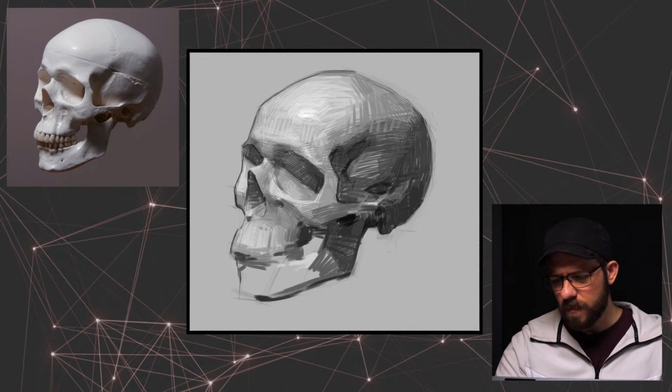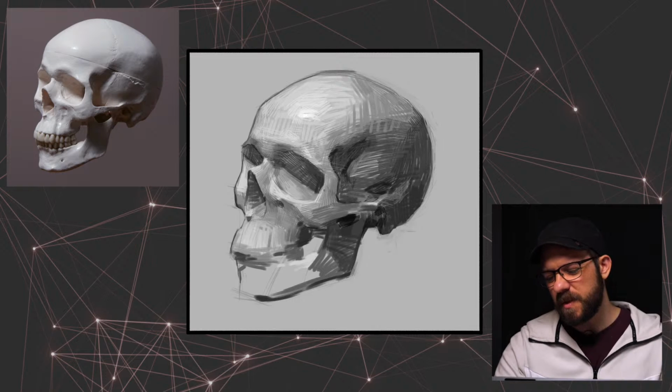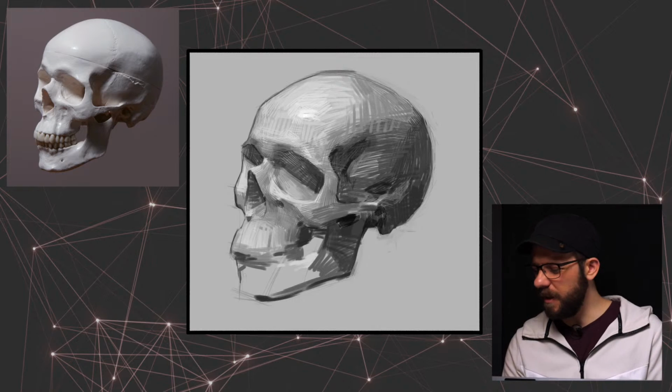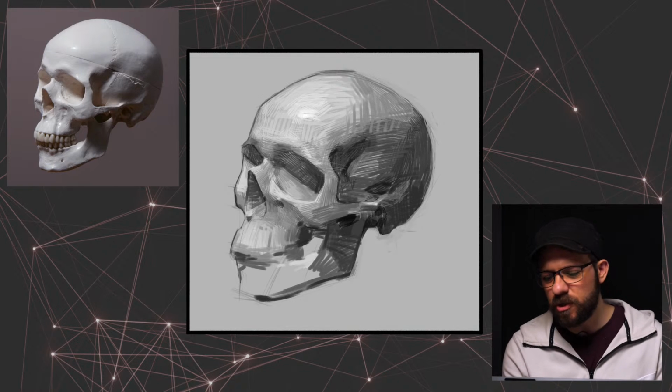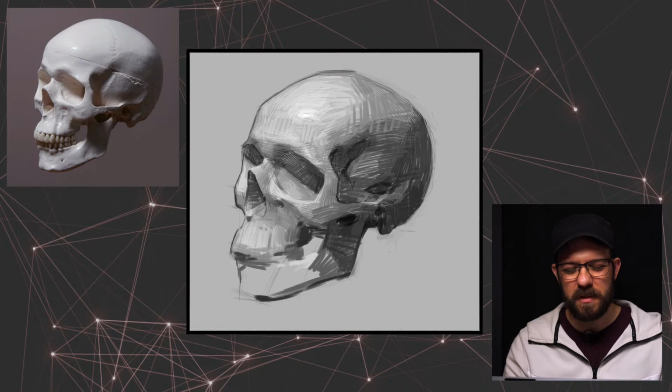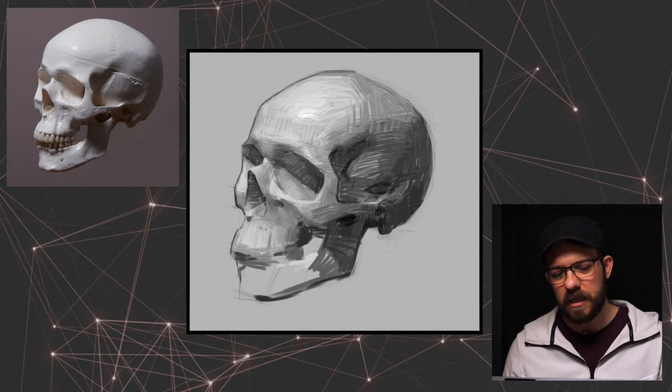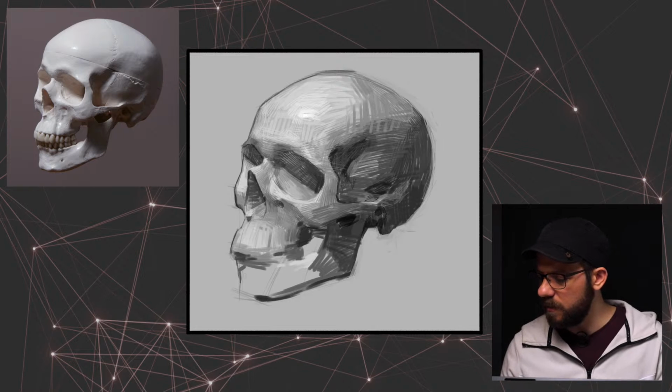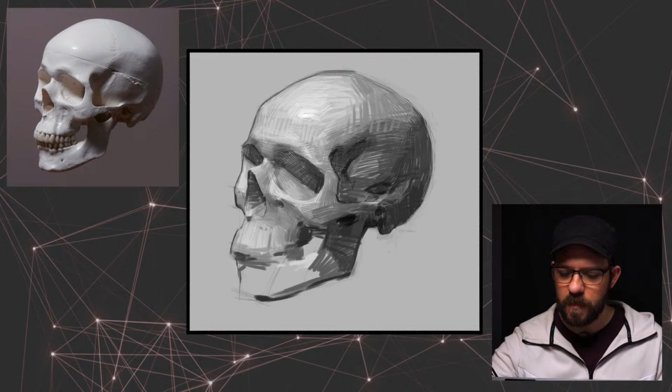So bad negative space would probably be repetitive shapes. It would probably be a lack of a sense of gesture. It could be a poor management of values. You could apply a lot of those same ideas to what makes bad shapes in a drawing in general. There's probably a lot of overlap between what makes bad negative shapes and what makes bad design in figurative work in general. Yeah, cool question though.